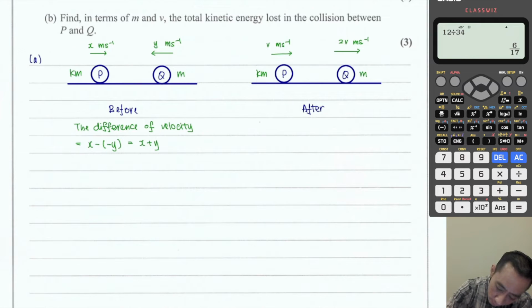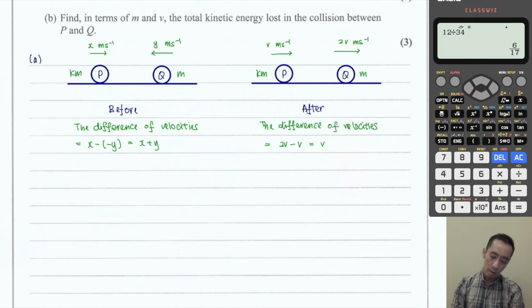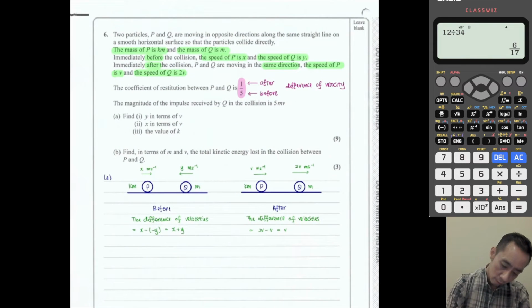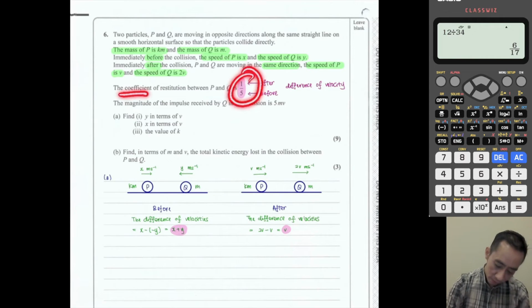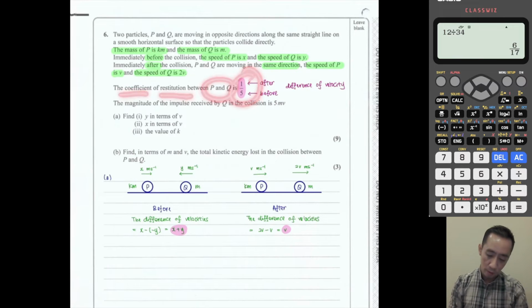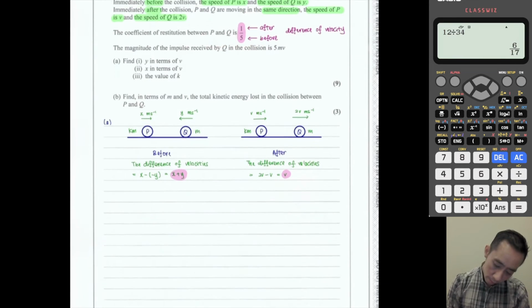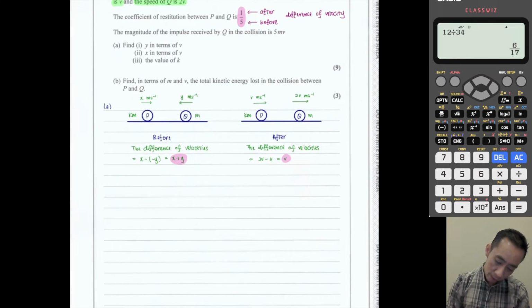Okay, then for this one, the difference of the velocities is 2v minus v, which is v. Okay, so this is information that we might use later, for the coefficient of restitution between P and Q. Now let's see what information we have here.